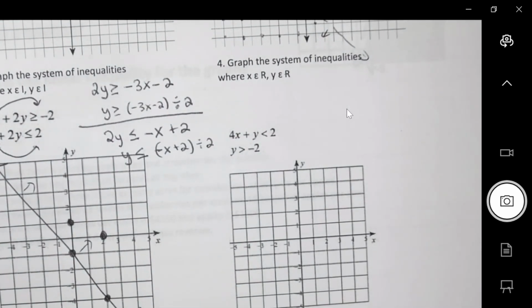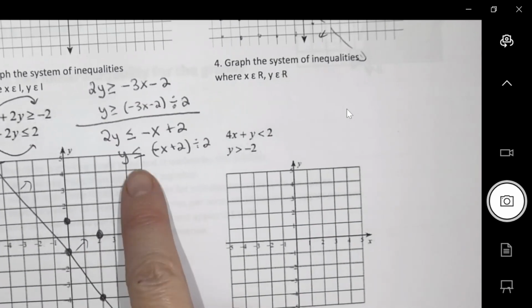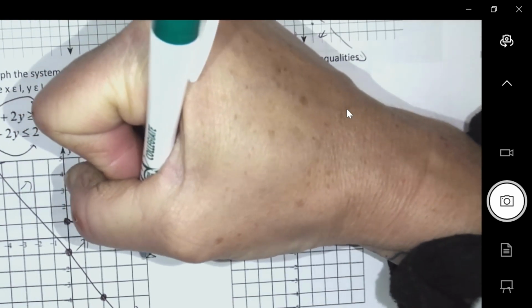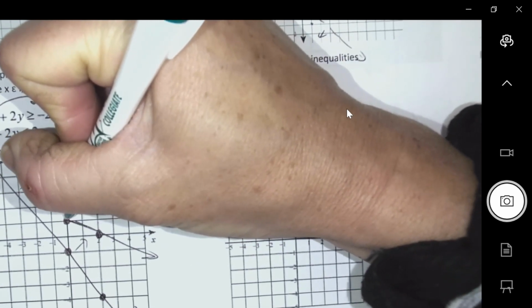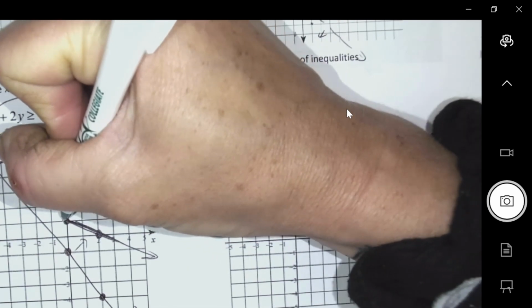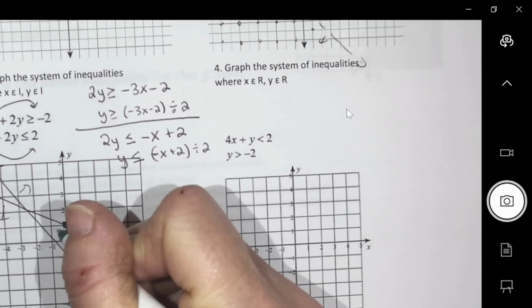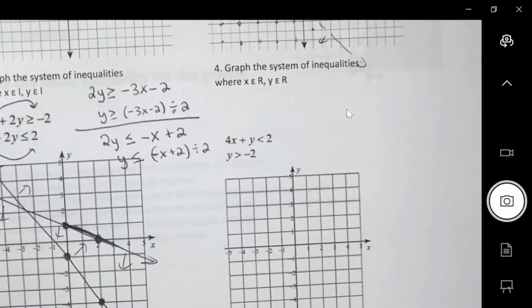This one is also a solid line because it says I'm allowed to be equal to it. Then I have to be less than it, so I'm angling below it.